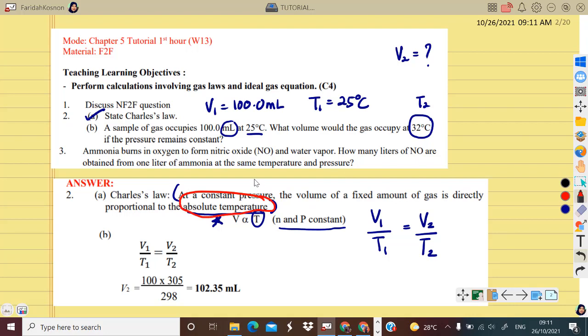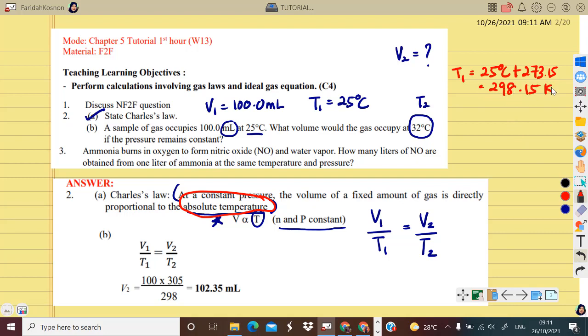The temperature must be converted, wajib ditukarkan kepada Kelvin. Jadi you kena buat kerja sikit lah. T1, 25 degree Celsius plus 273.15 Kelvin. Okay, jadi kita akan dapat suhu itu dalam Kelvin lah. Okay, so you selesaikan. So kat sini 298.15 Kelvin.